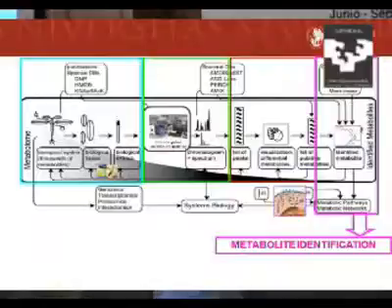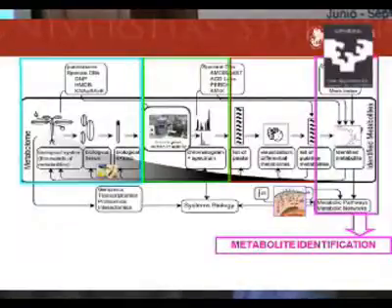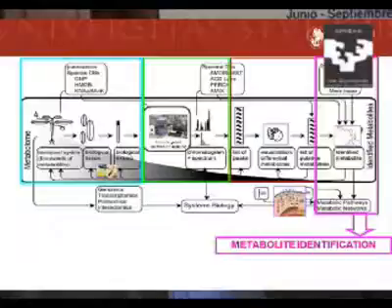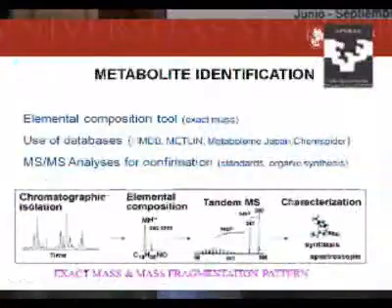And the next step is the metabolite identification. Once you have this set of metabolites that have become significantly different among the intervention groups, you just have to identify them. The tools that are usually used are elemental composition tools.